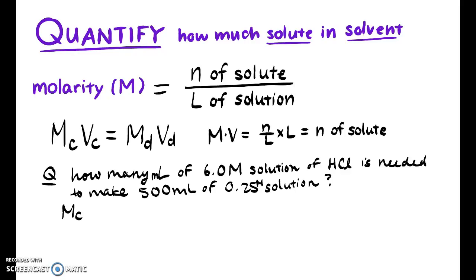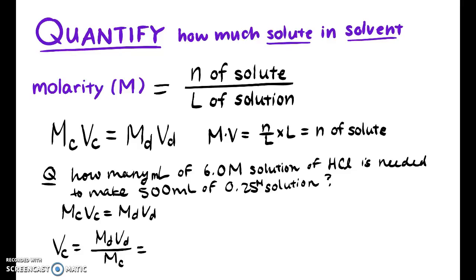Once again, we have McVc equals MdVd. We're solving for how many milliliters of concentrated solution we need in order to have our dilute solution, so we're solving for Vc. Vc is equal to MdVd over Mc.